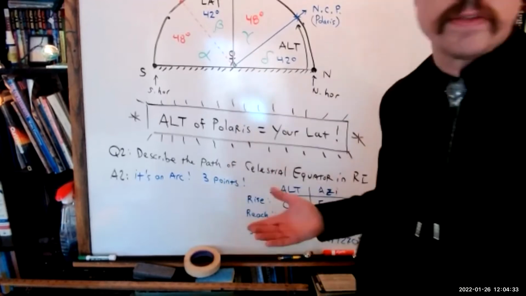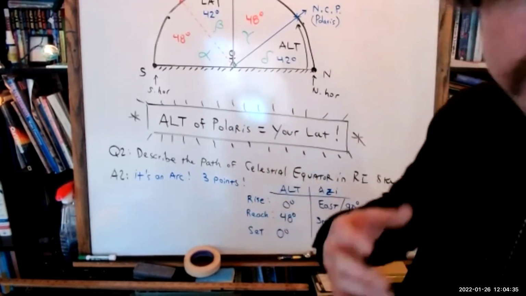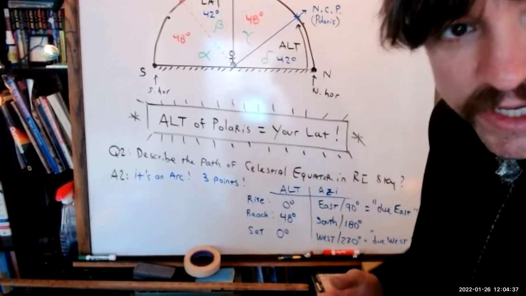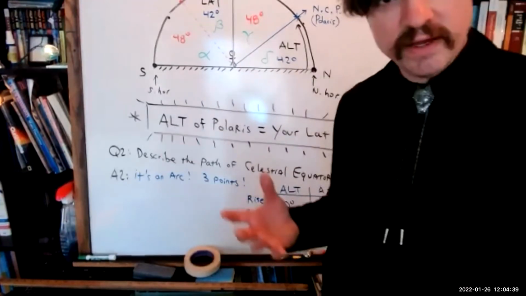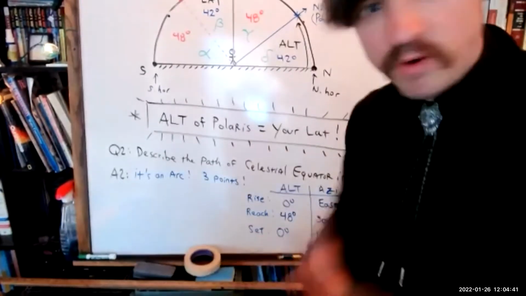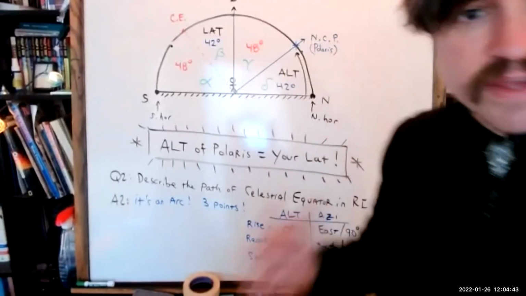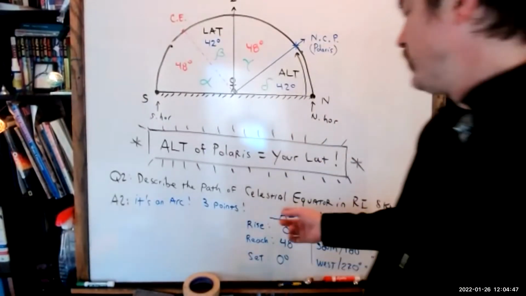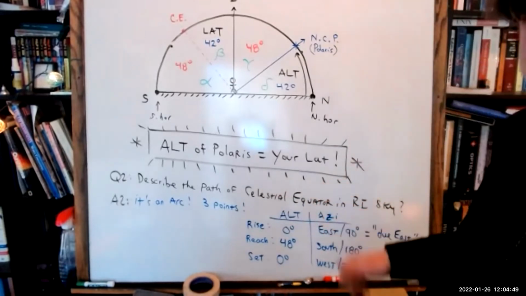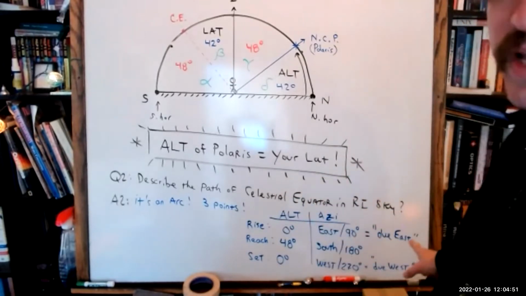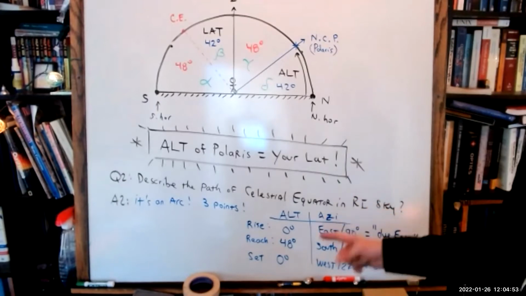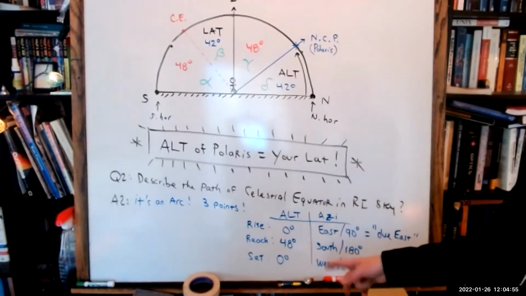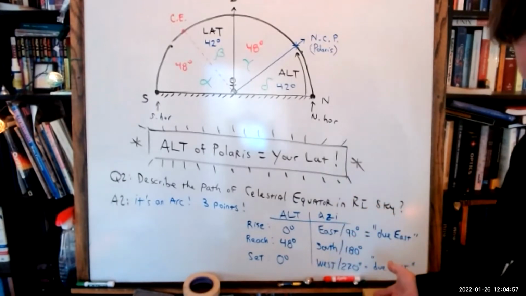Suppose you wanted to answer this question, but you wanted to be literary about it. You wanted to be literary, but not confusing. You would say, I almost want to write this down. The celestial equator is an arc that rises due east, reaches an altitude of 48 degrees in the south, and sets due west.